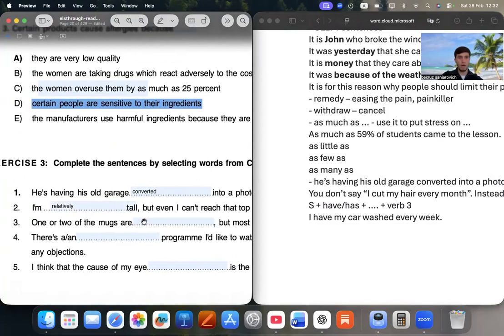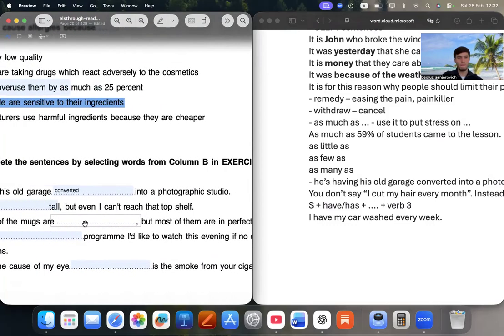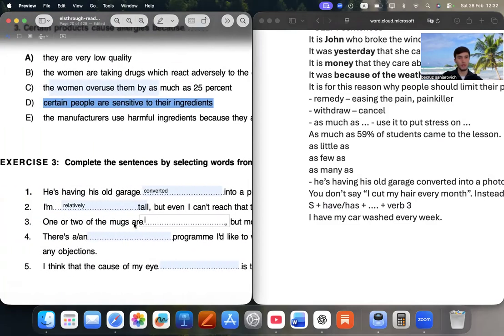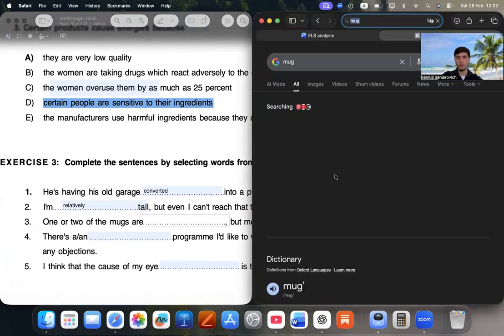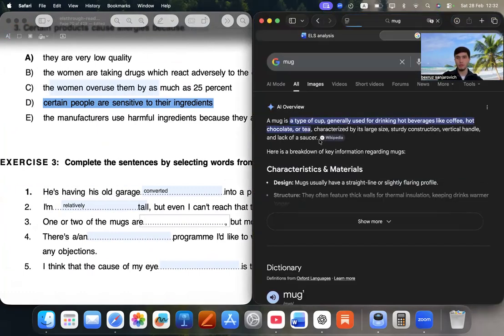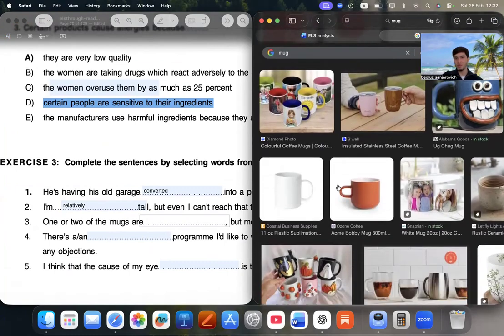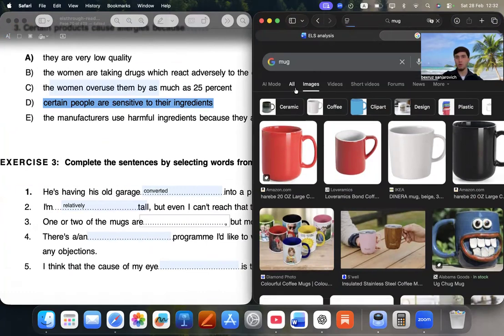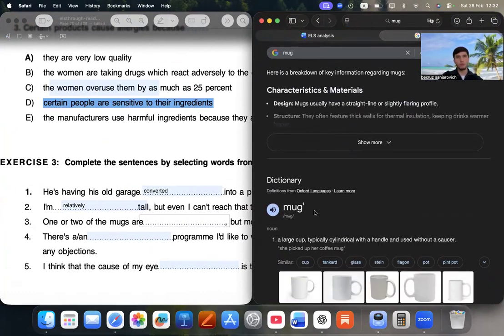One or two of the mugs are... but most of them are in perfect condition. So this is a mug, by the way. We can say a cup, but this one is more specific, yes.